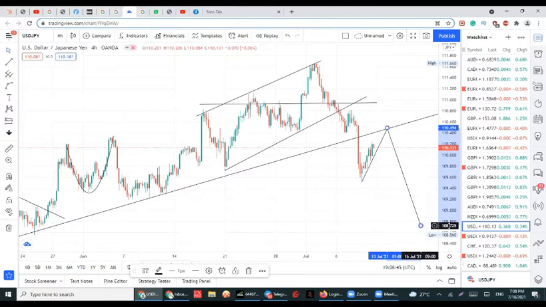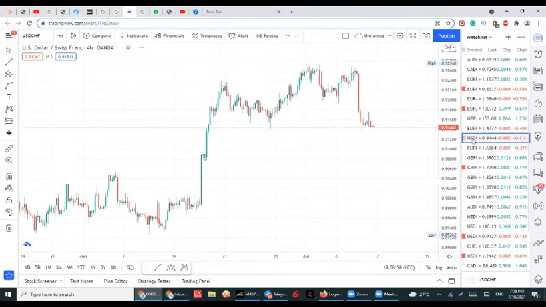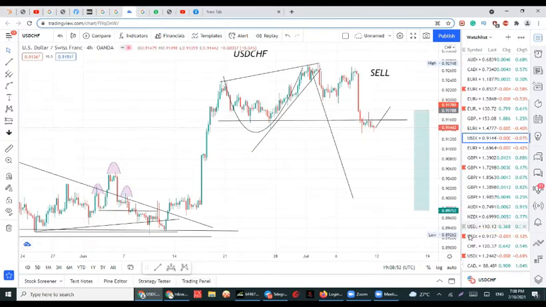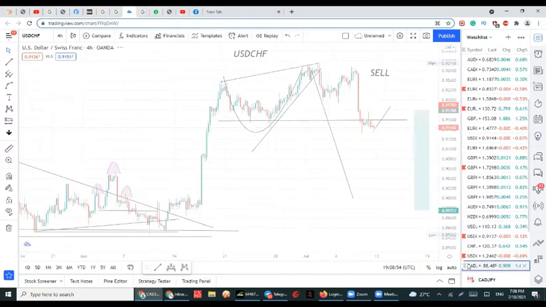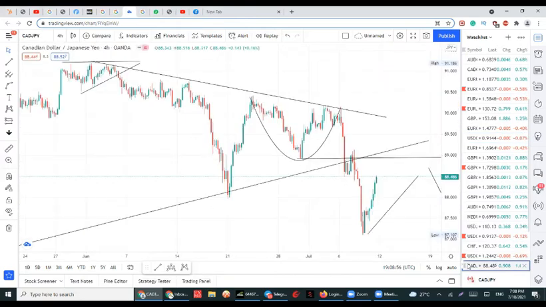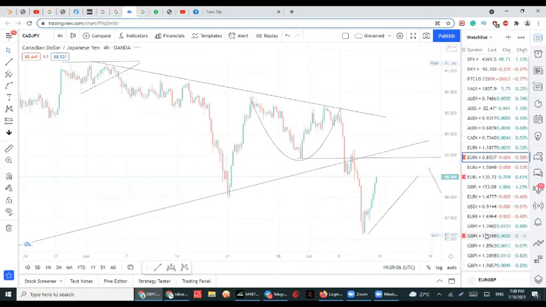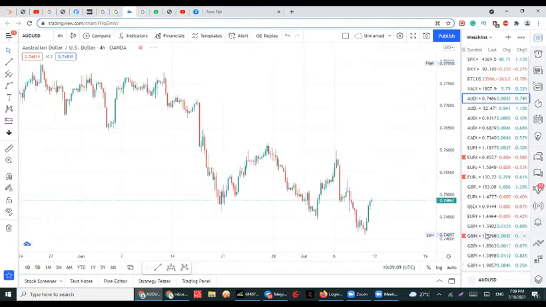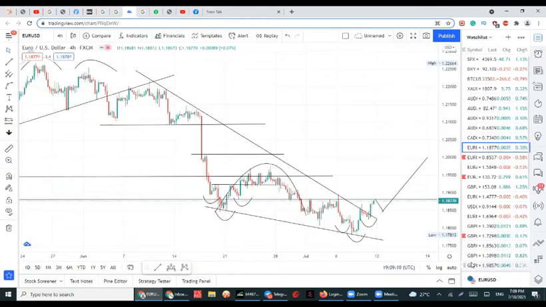So we move on to the other pairs, where we are going to look at the CAD, Canadian dollar, Japanese yen. First of all, before we look at the Canadian dollar pairs, we will take this opportunity to look at the WTI, that's the oil.